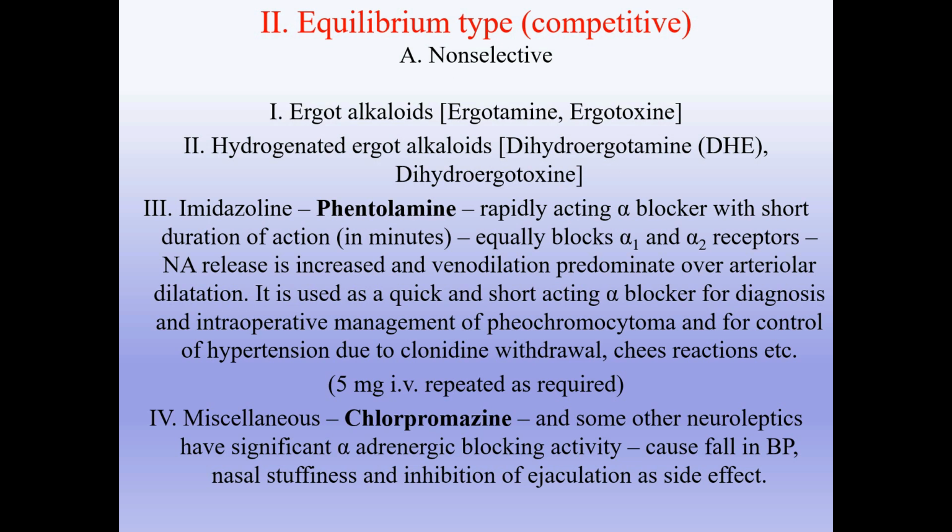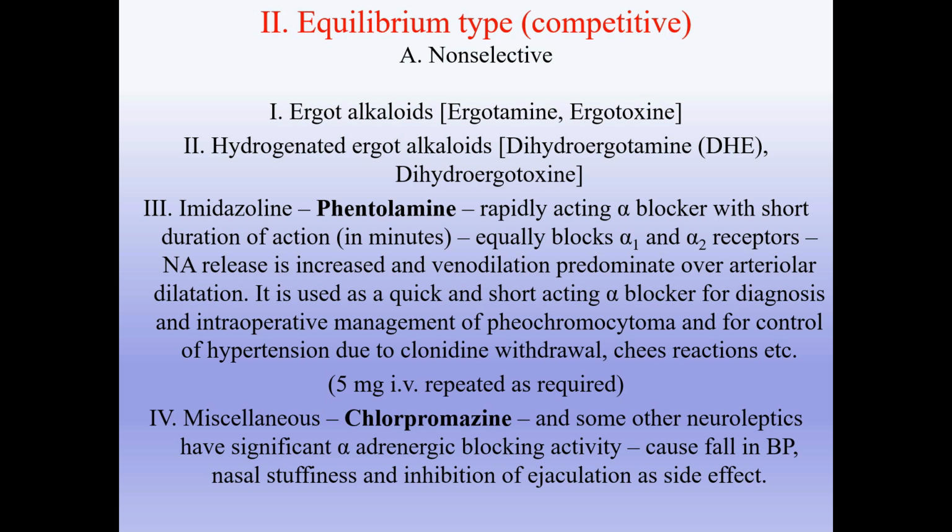The next ones are non-selective equilibrium type, or competitive, alpha-adrenergic blockers. On the example of phentolamine, a rapidly acting alpha blocker with short duration of action, in minutes, it equally blocks alpha-1 and alpha-2 receptors. Noradrenaline release is increased and venodilation predominates over arteriolar dilatation.